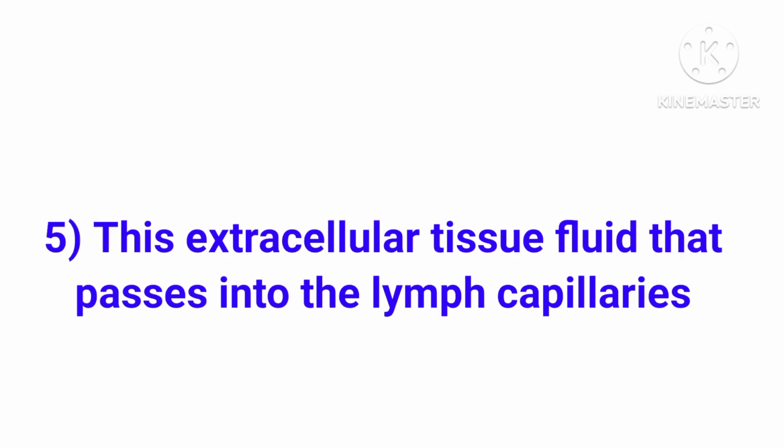This extracellular tissue fluid means fluid outside the cell that passes into the lymph capillaries. Lymph capillaries are thin-walled blood vessels found in the tissue. Lymph capillaries are also known as lymphatic capillaries.